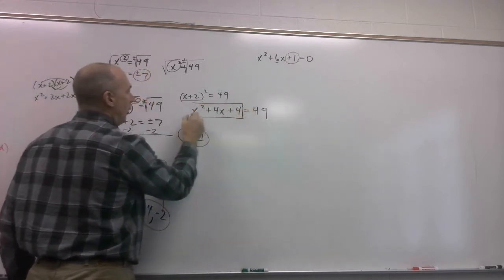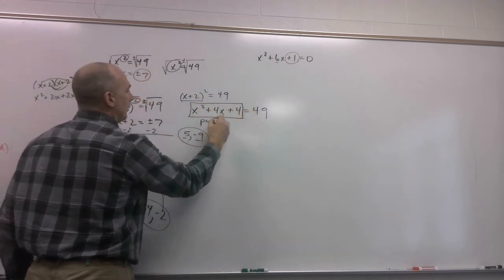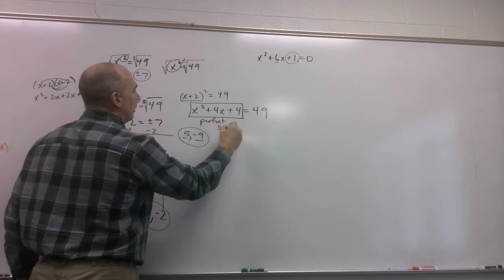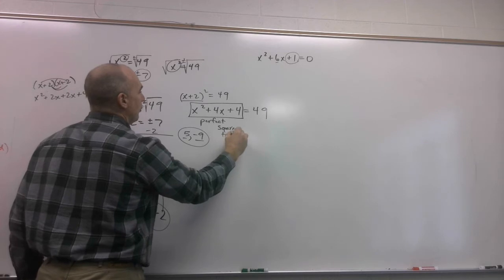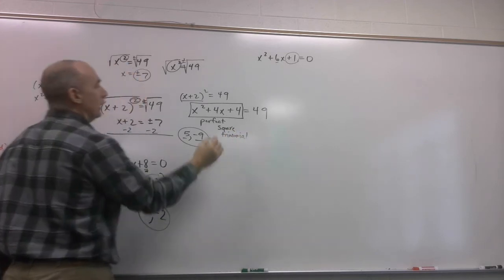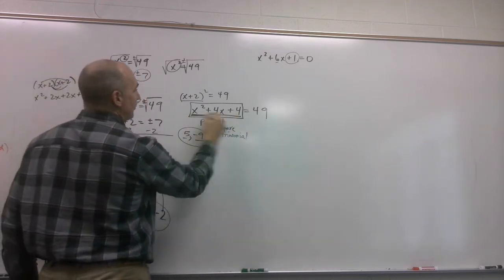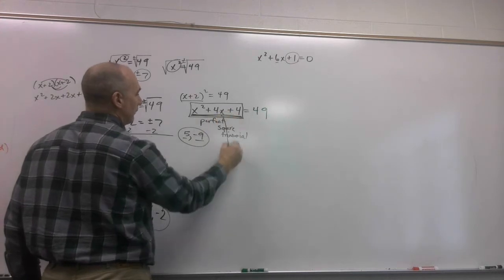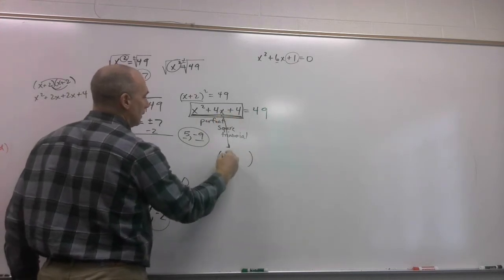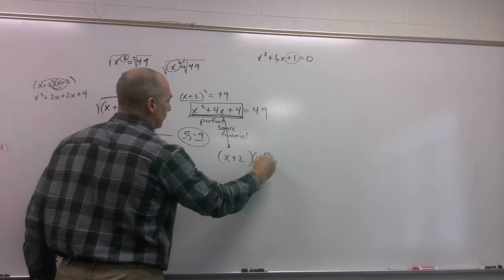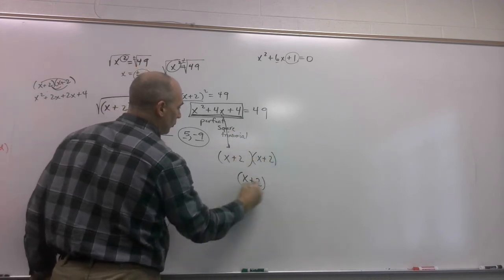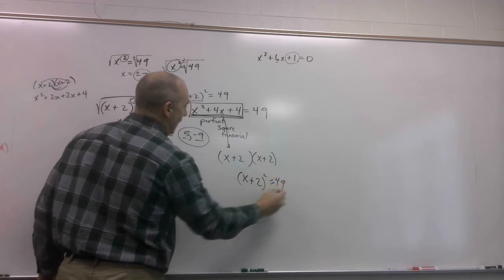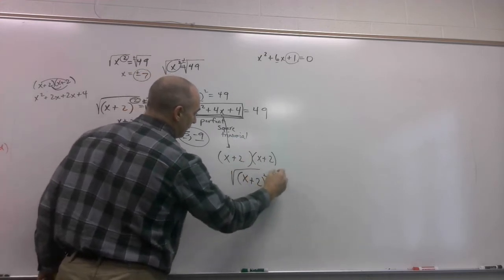This is what's called a perfect square, put a U in there, trinomial, which if I said, okay, let's factor this, we'd go, aha, we can factor this into x plus 2, x plus 2, and that turns into x plus 2 squared equals 49, and then we can go bada boom, bada bing, do the right thing.